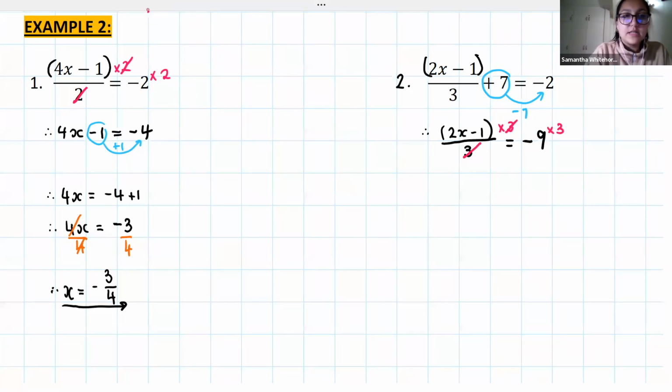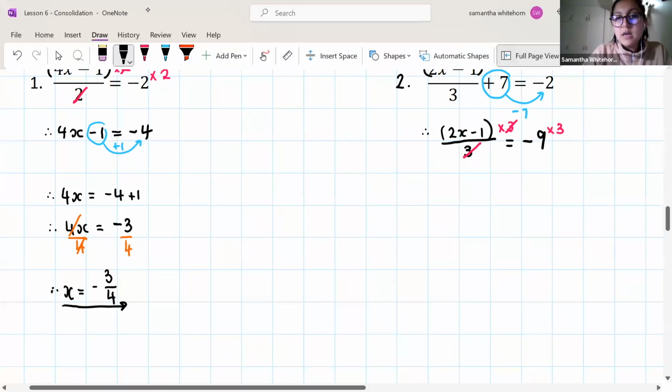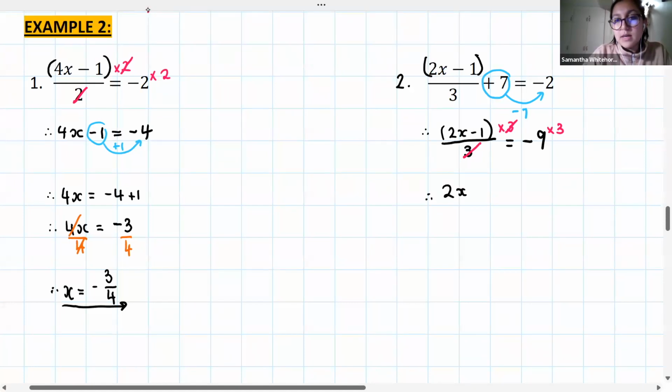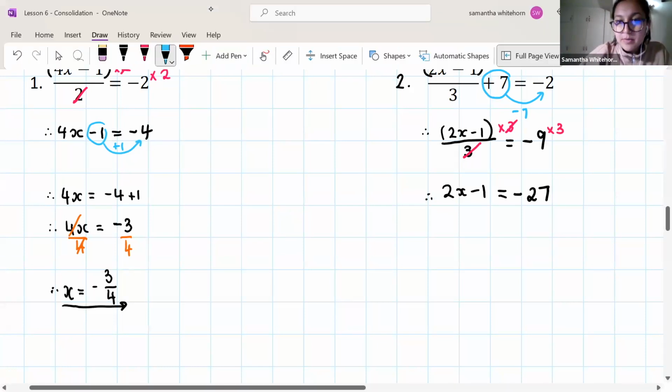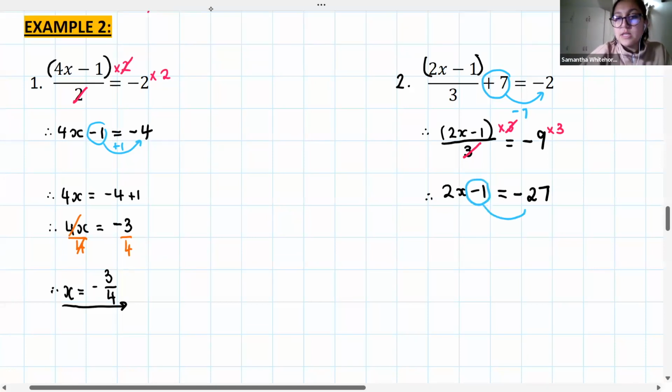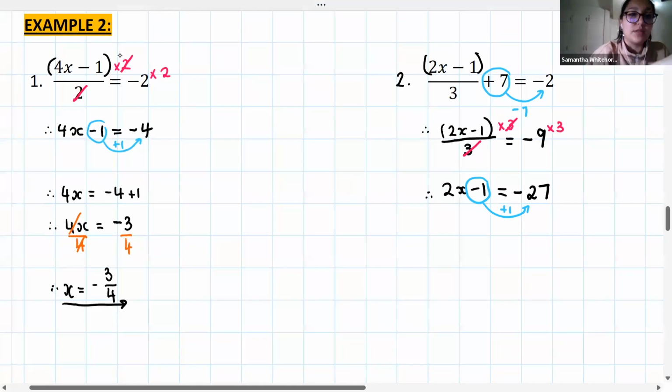So I'm going to times 3 on both sides so that I no longer have this fraction to worry about. And so on the left-hand side, got there in the end, I've got 2x minus 1. But on the right, I've now got negative 9 times 3. Now, negative times a positive is a negative, and 9 times 3 is 27. What I now need to remember again is I still got this minus 1 here, which I need to deal with. So again, inverse operations, I'm going to add 1 on both sides.